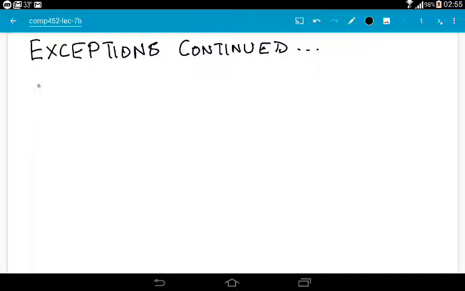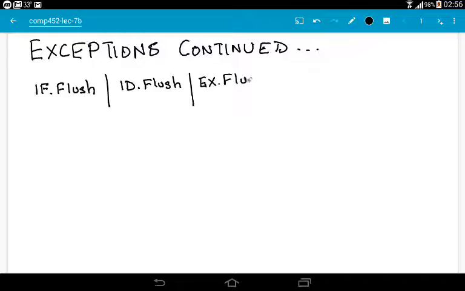We already have the IF flush signal in our design, but we will introduce ID flush for the ID stage instruction and EX flush for the execution stage instructions.